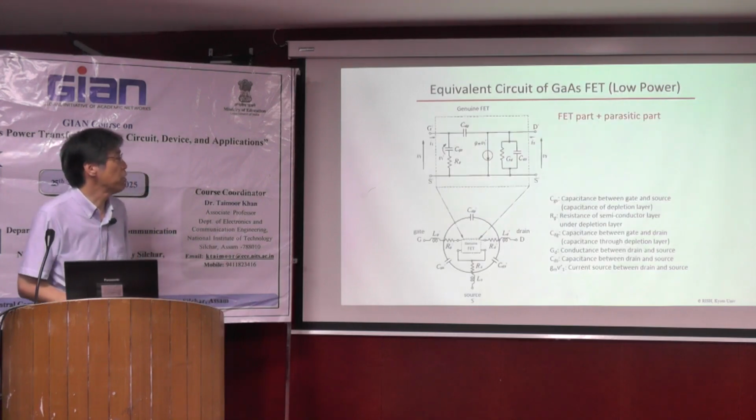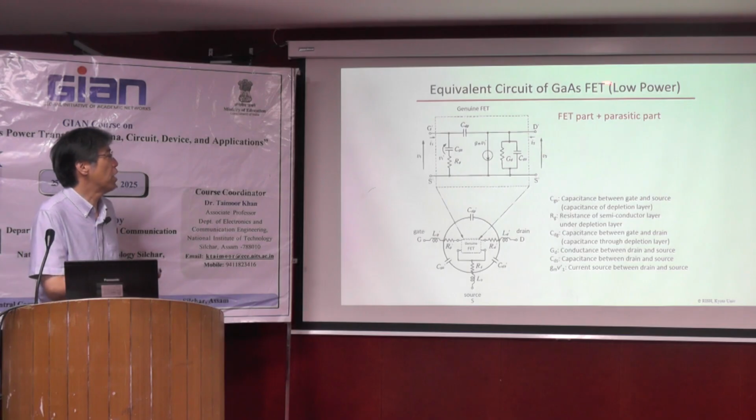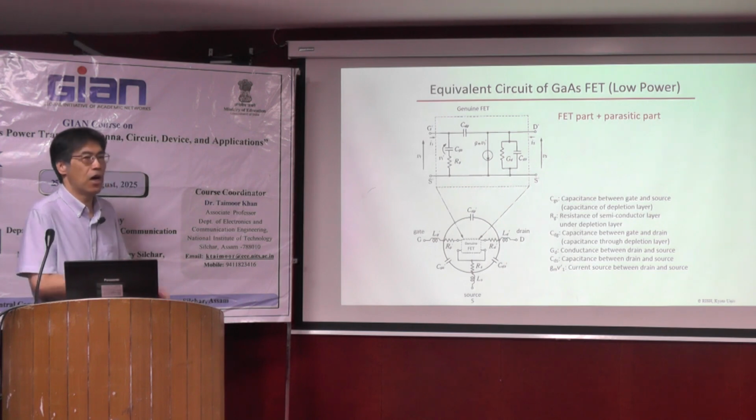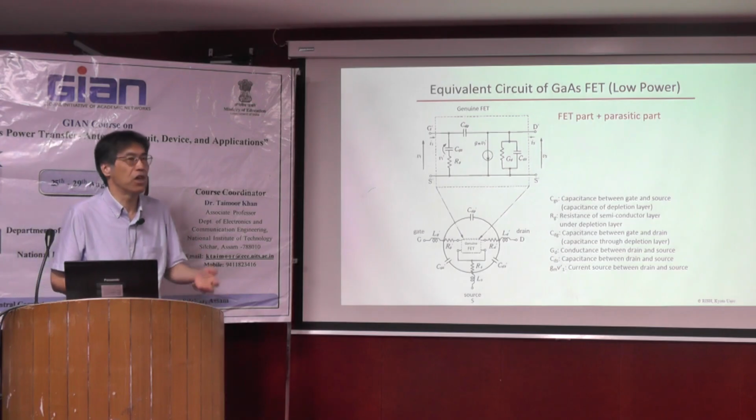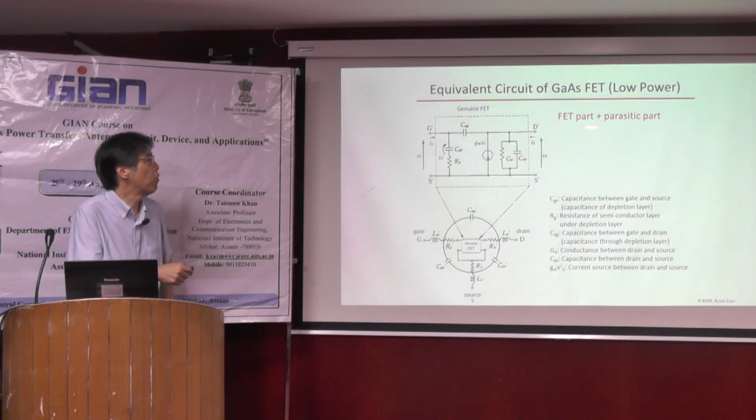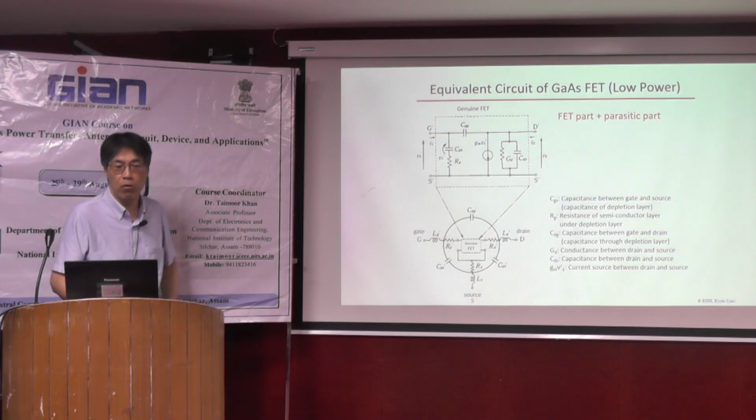And this is the equivalent circuit of the gallium arsenide FET, in the case of low power. As I mentioned on the first day, we can represent the semiconductor itself as an equivalent circuit with L, C, R, etc. But if we increase power on the semiconductor, parasitic parts will occur.